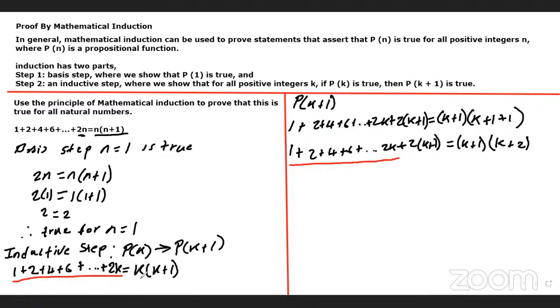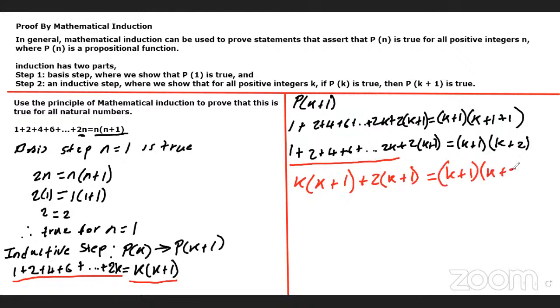What is on the left side is the same thing as on the right side. So we're going to use what's on the right side to replace this here. This is going to give us k times k plus 1. That's the part I'm replacing. I'm going to put back the plus 2 times k plus 1, and that's going to be equal to k plus 1 times k plus 2.